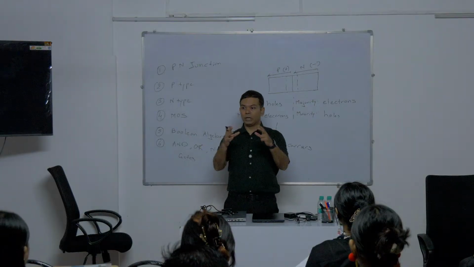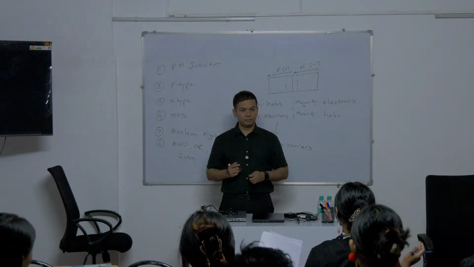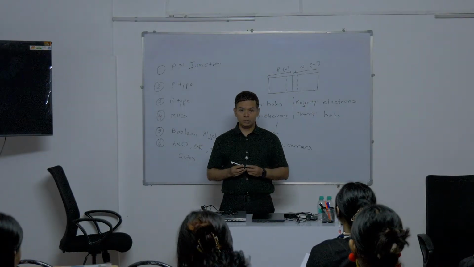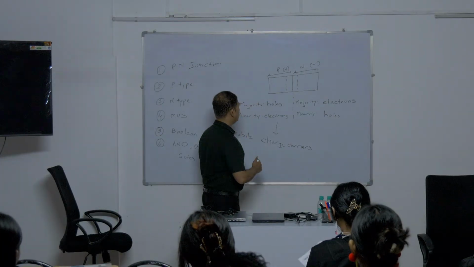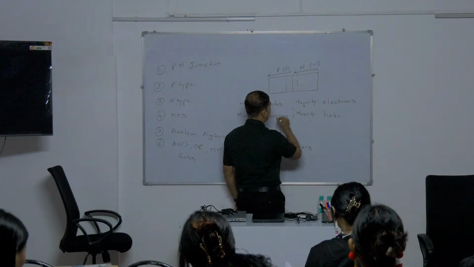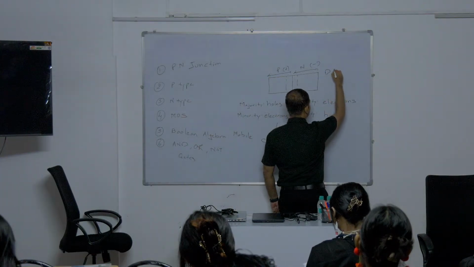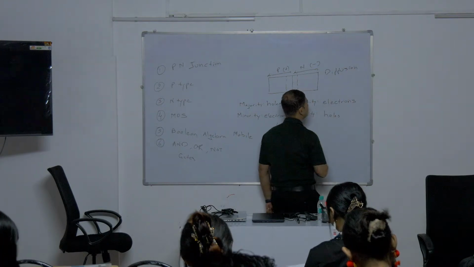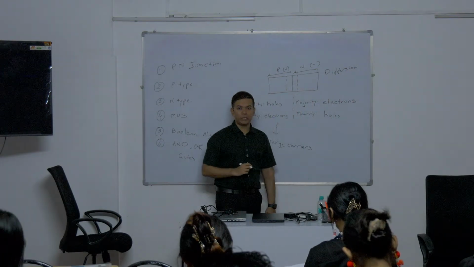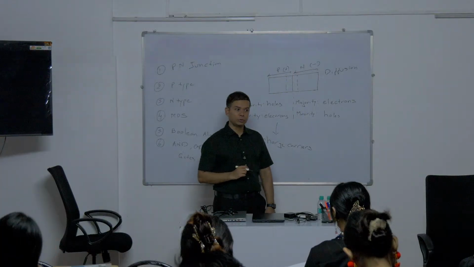One is, when we bring it together, what happens? Diffusion. You heard something about diffusion, right? So when we bring these two together, there is something known as diffusion. And then you also studied the electrostatic force, right?